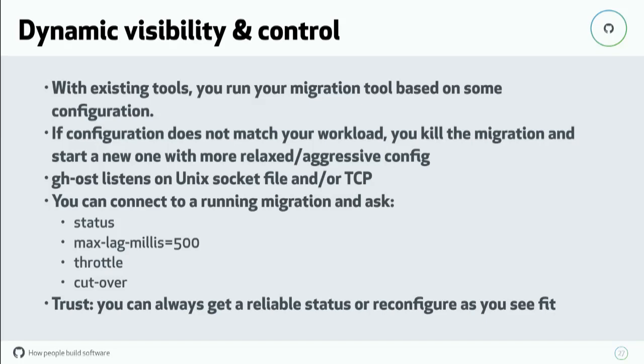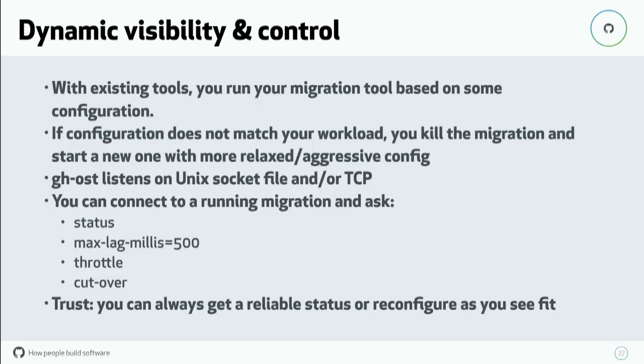So with this whole theme of why do I trust it more, how do we tell it to throttle? I've been talking about how we want to have control over how the process is running. With something like PT Online Schema Change, you might think, all right, here's the configuration that we run migrations for: we use threads running, these various throttle things, this chunk size.